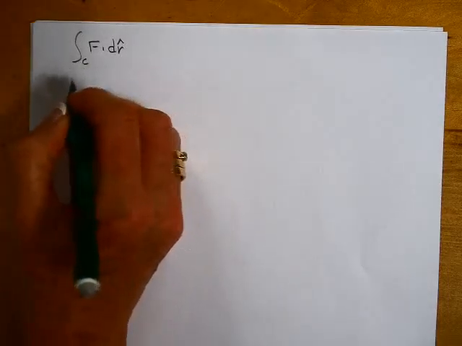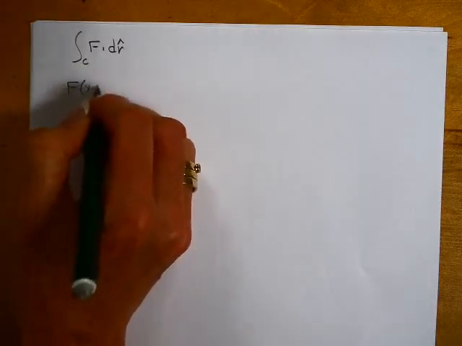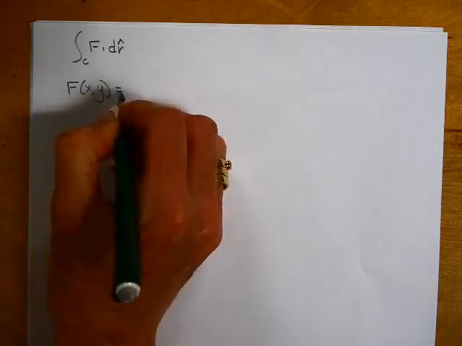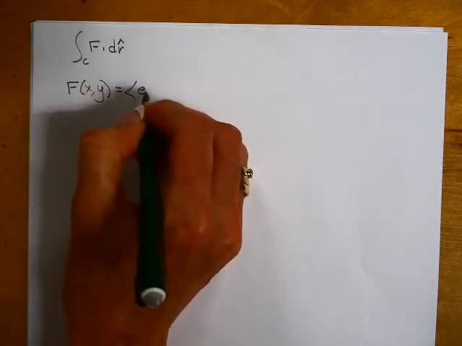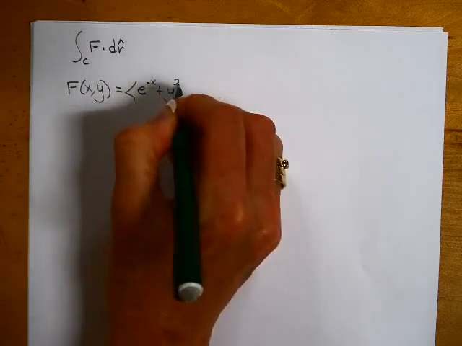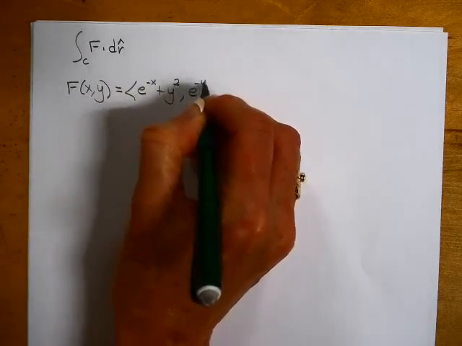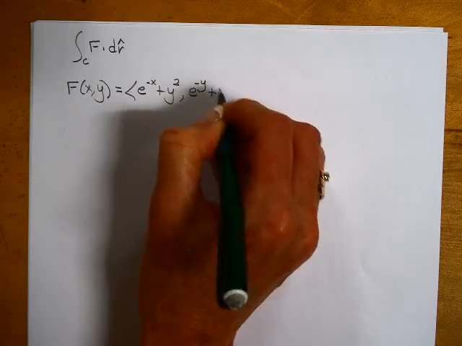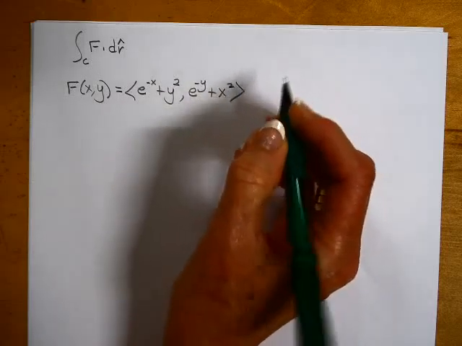And in number 12, my F of x, y is the vector e to the negative x plus y squared, e to the negative y plus x squared. That's my vector.